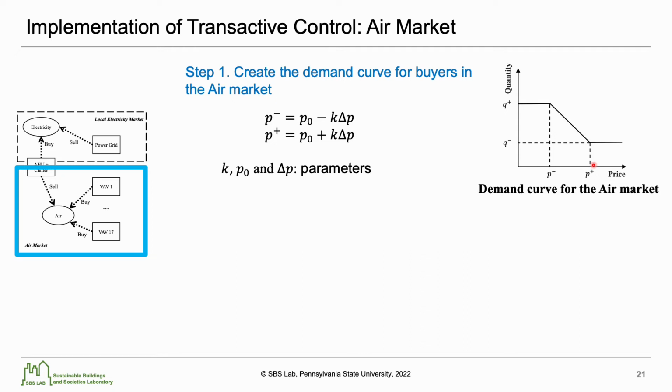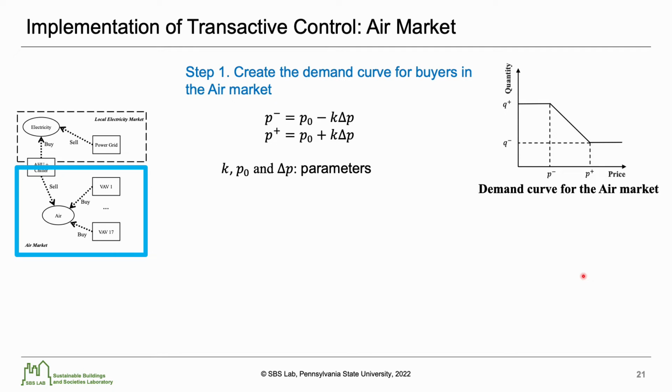To quantify the sensitivity, we introduce a parameter K in this formula to calculate the P minus and P plus for each buyer based on its preference. So here K, P0, and delta P are predefined parameters. The value of K is within the range from 0 to 1, and the larger the K is, the more willing the buyer agent will be to change the demand.